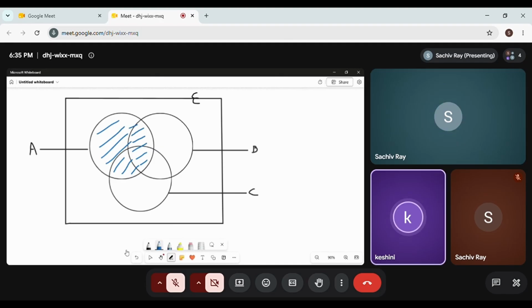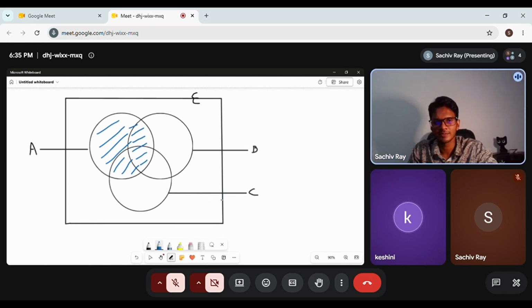A union B intersection union C intersection. No. Now think of it like this. Think of B and C as one set, and A as a different set. Now imagine A is set A, and B and C together make set B. What would you do then?